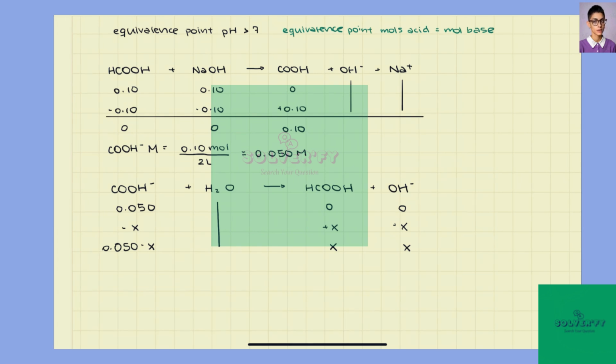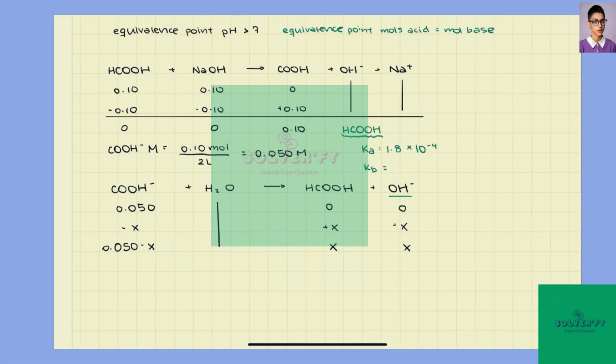Next, we would need to use the value of Ka to calculate Kb. Now, our Ka for HCOOH is given below. To calculate our Kb, we know that the relationship of Ka and Kb is that when you multiply Ka and Kb, we have Kw.